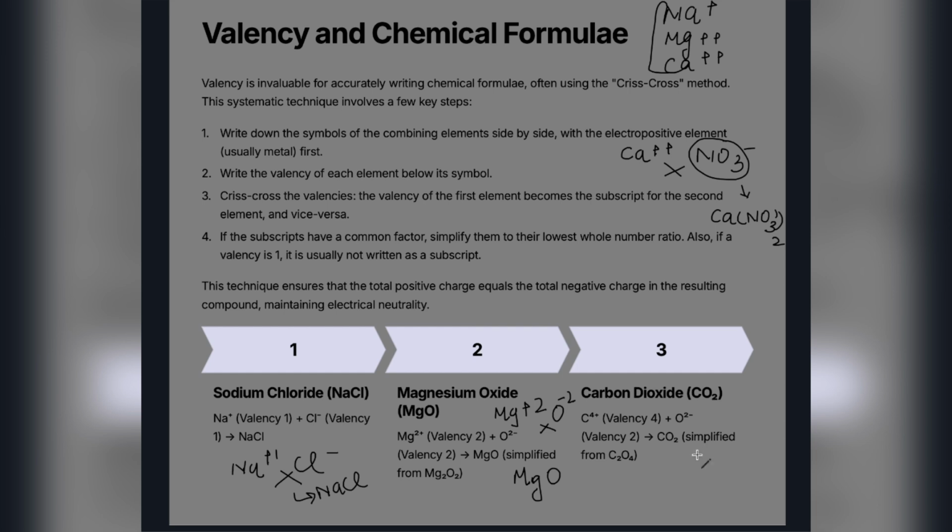In the next example, carbon dioxide, carbon has 4 electrons in its valence shell and it tends to share all its 4 electrons to get stability. So its valency is 4 and oxygen has -2 valency. Now crisscross the valencies and after simplifying the subscript, we will get the formula CO2.